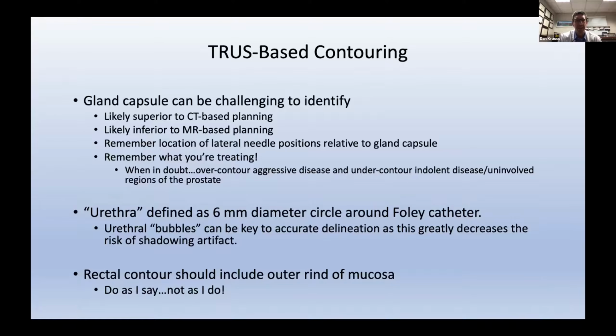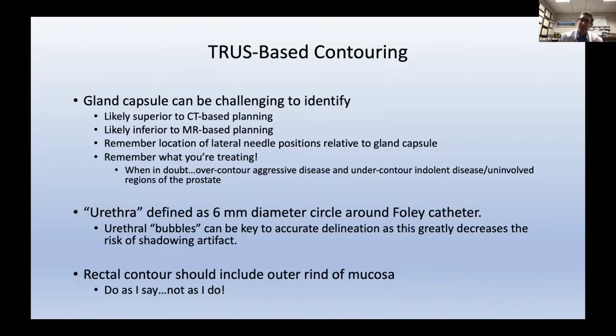A couple of things can really help you. One is remembering where you put your lateral needles relative to the gland capsule, whether right on the capsule or a few millimeters inside the capsule, at various positions as you go cranial to caudal throughout the prostate. But it's also really important that you remember what you're treating.